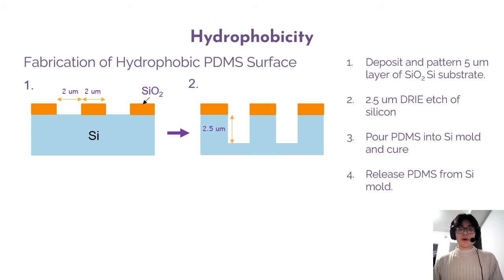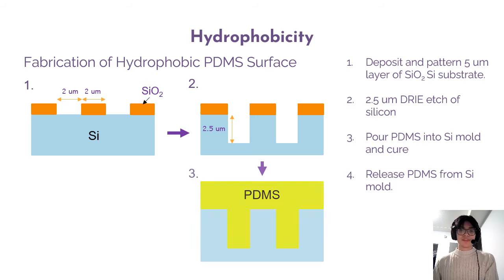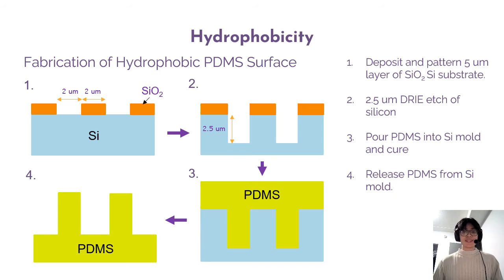We can then perform a 2.5 micron DRIE etch of the silicon using the Bosch process to develop the microstructure pattern. In this process, the patterned silicon dioxide layer acts as the etching mask. Next, PDMS is poured into the silicon mold and cured. Once the PDMS is taken out of the mold, we obtain a patterned structure to improve surface hydrophobicity.